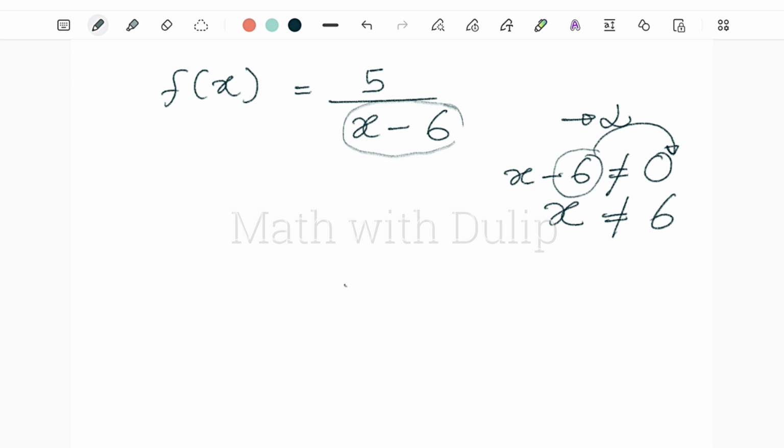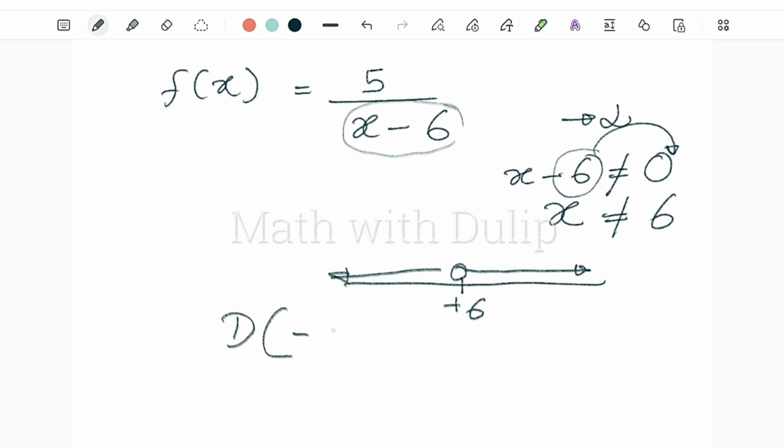If I mark this value on the number line, without 6, x can be any value. So the domain would be (-∞, 6) ∪ (6, ∞). Why did I not use the square bracket? Because 6 is not included, right?